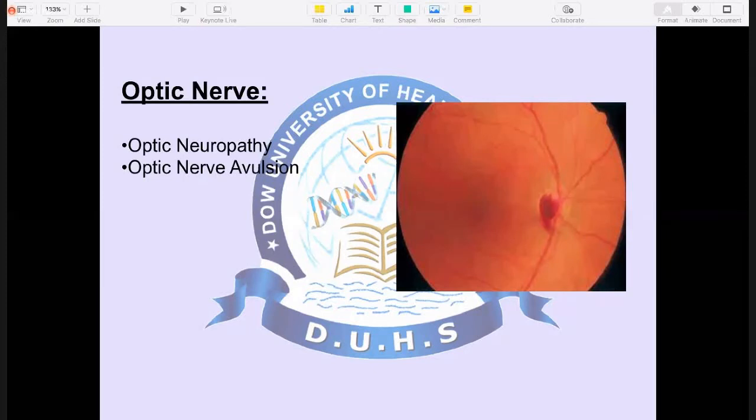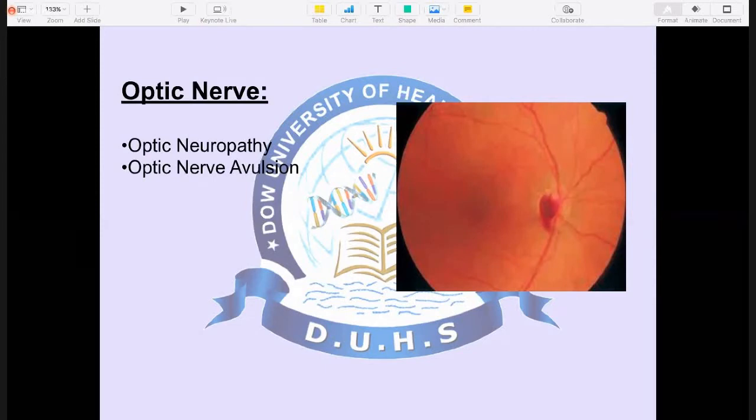Okay, so if I were to revise the injuries that occur in blunt trauma, starting off from the eyelids, they can be ecchymosis, bruising, lid edema, even lid laceration. In the cornea, you have a hazy cornea. In the conjunctiva, you can have a subconjunctival hemorrhage.